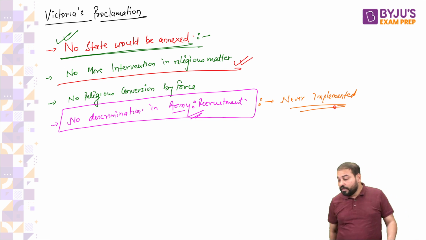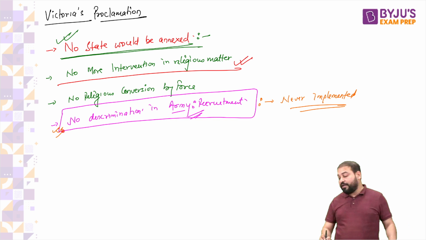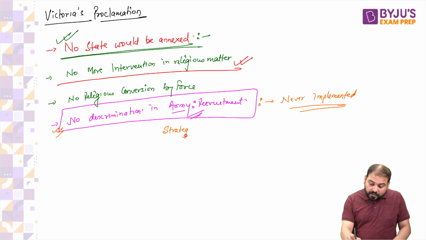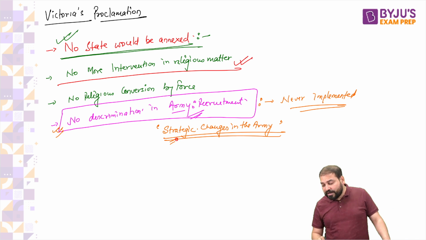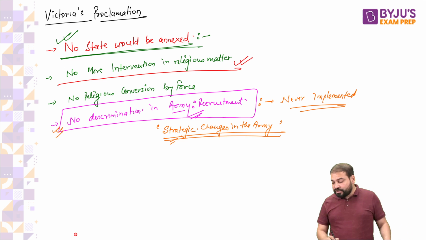Even though she said this, this point was never ever implemented. In fact, after this, they only made some strategic changes in the army. Do you know what changes they did?